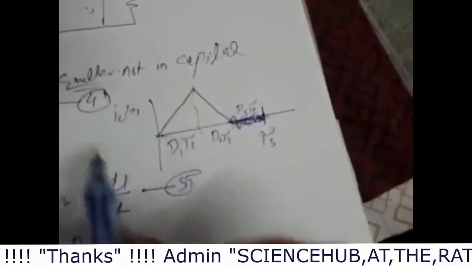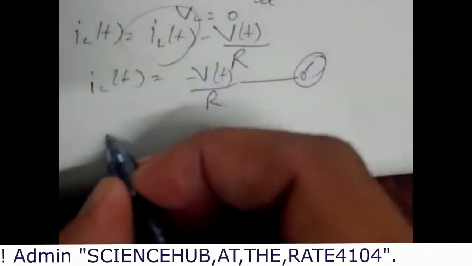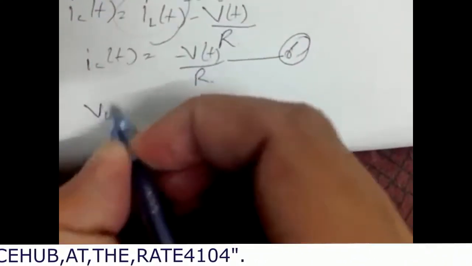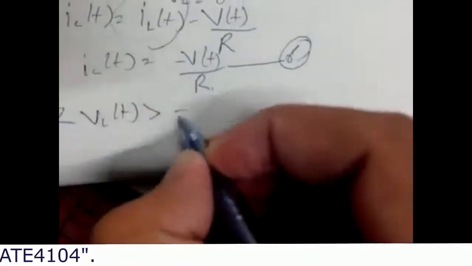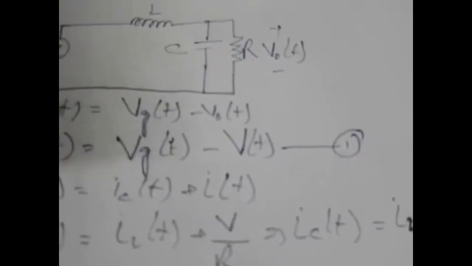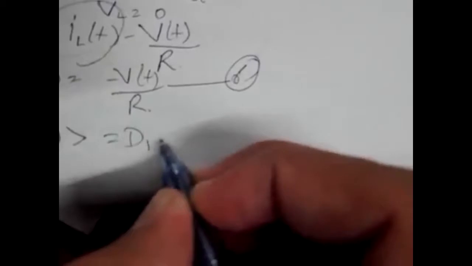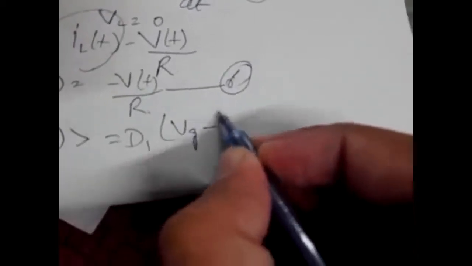So now apply volt-second balance. After applying volt-second balance, vL(t) for D1 is equal to the first equation, which is vg(t) minus v. So for D1 we have Vg minus V, for D2 we have minus V, and for D3 we have vL equal to 0, so it becomes 0.